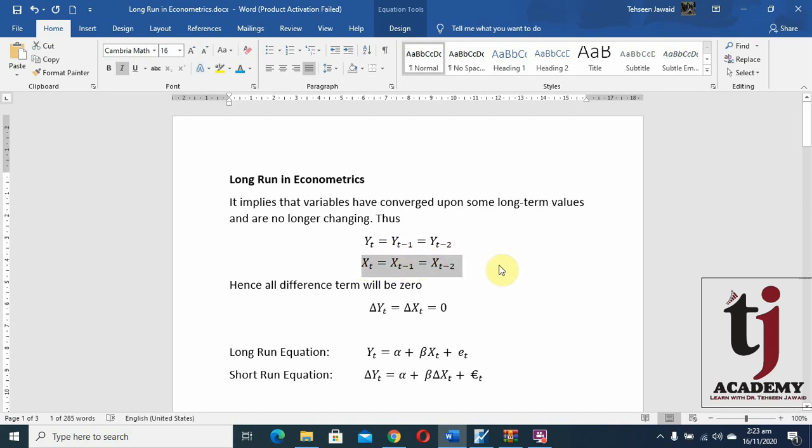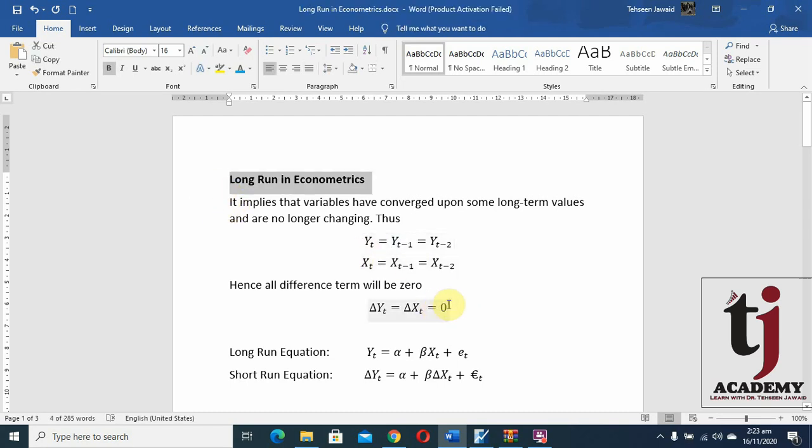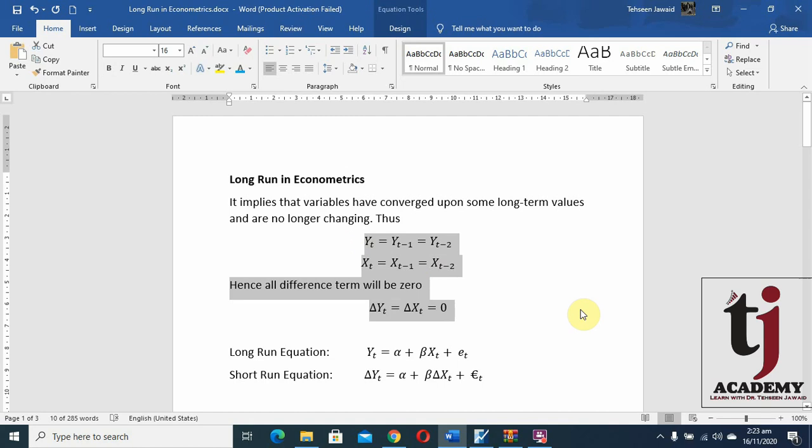If the values of the previous period, current period, and future period are the same, the difference would be 0 for x and y both. So hence all the difference terms will be 0: delta y is equal to change in x is equal to 0. This is the long run condition, and it shows the long run equilibrium.